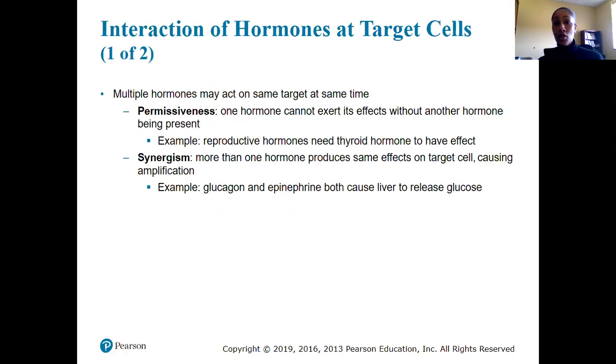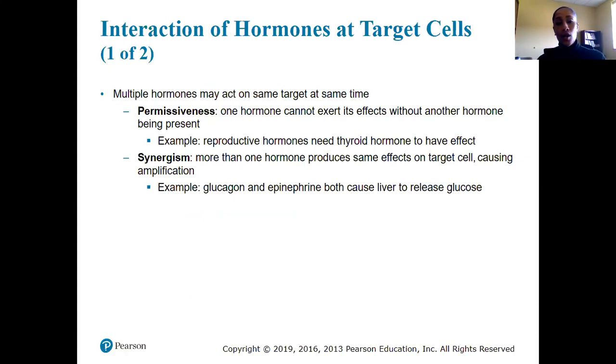So if for some reason your body could not generate and release thyroid hormones, then our reproductive hormones would not be able to function. So that's what we mean by permissiveness. I think of permissiveness as having to ask permission. It's almost like the reproductive hormones have to get permission from the thyroid hormone to be active.